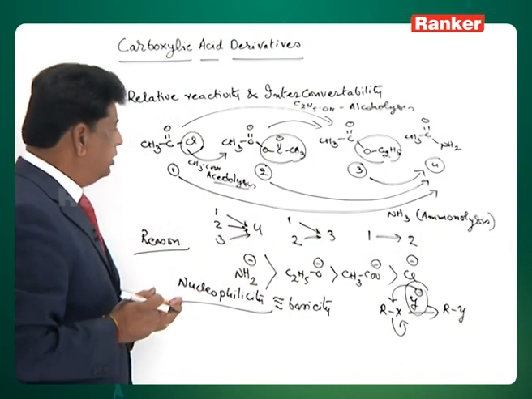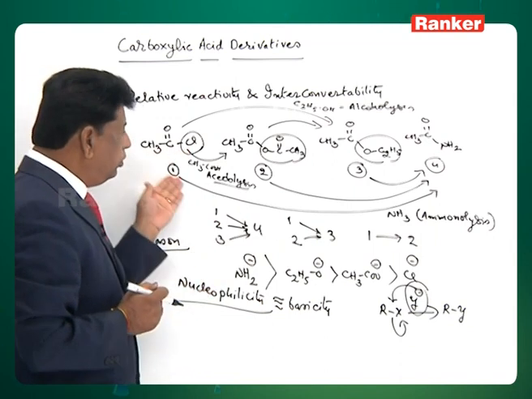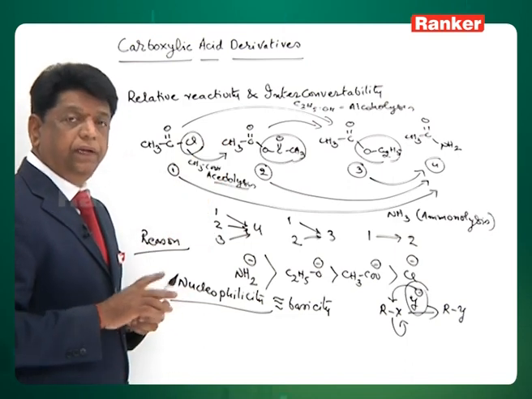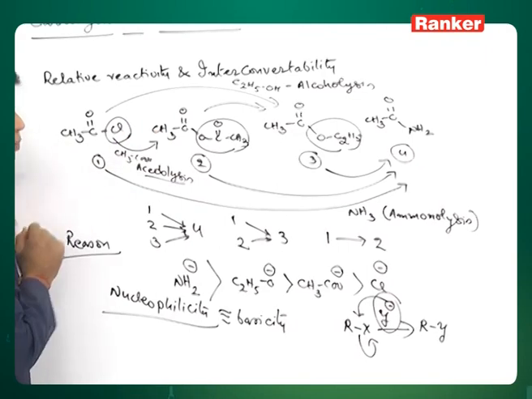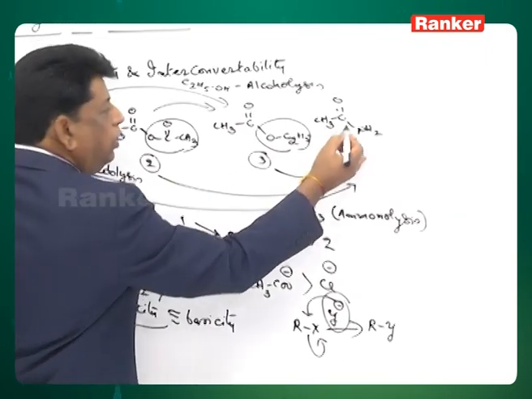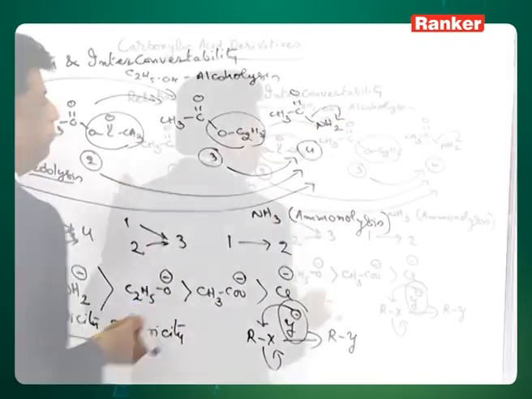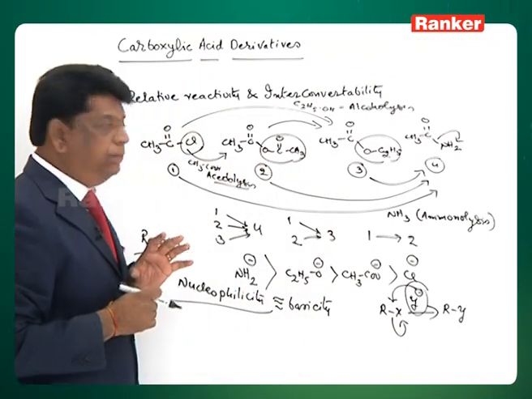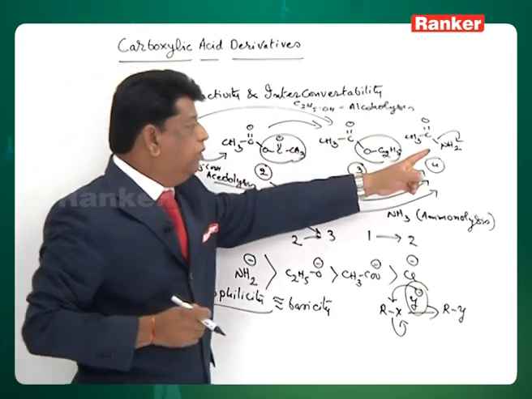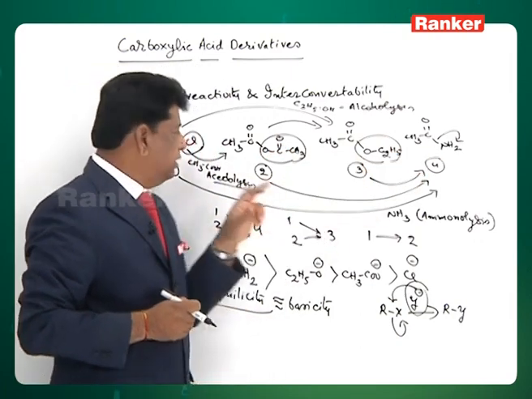You can also see how good the outgoing property is. Outgoing property is linked to the structure, that is, the nature of the group. Here you see what the outgoing group is: a nitrogen here, this oxygen, a halogen. Which leaves best? The lesser the electronegativity, the less the outgoing ability.